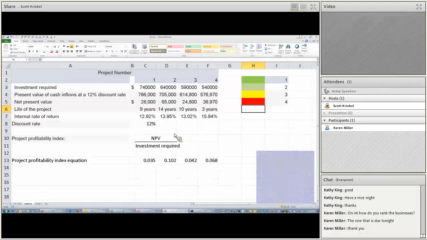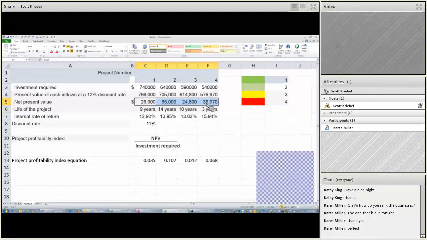So based upon the first criteria they asked, which is net present value, you're just going to look at which net present value is the highest. Okay, so project number 2 is the net present value that has the highest number. Then project number 4 is the second one.